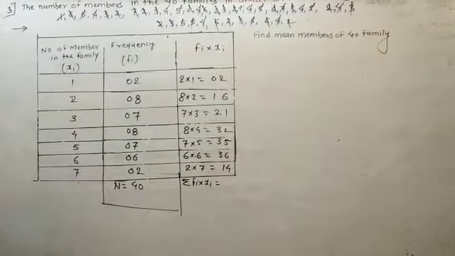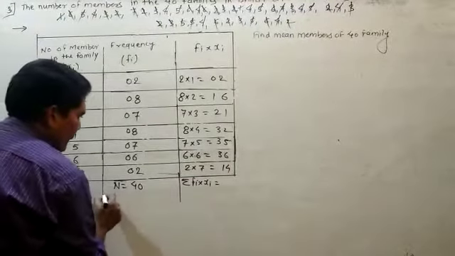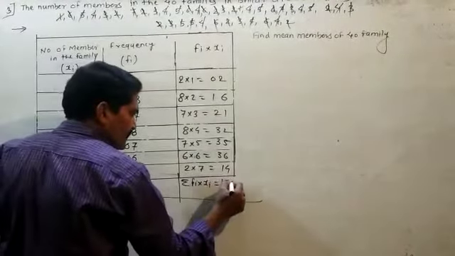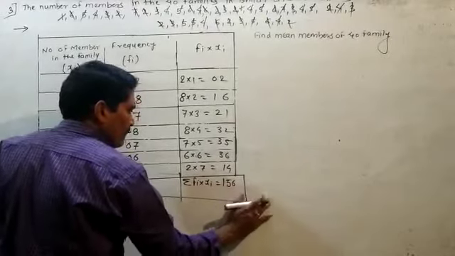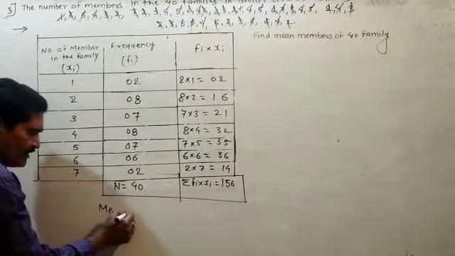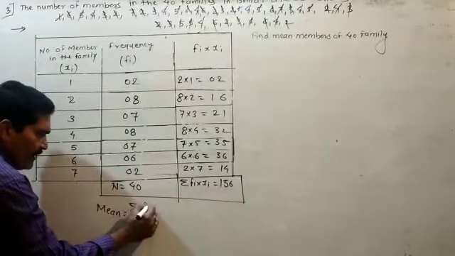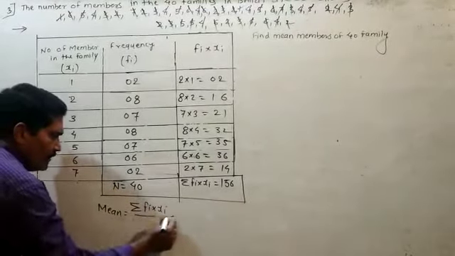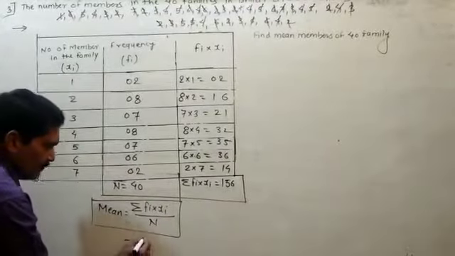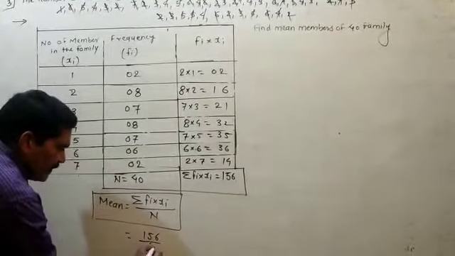You have to find out the sum of fi into xi. If you do the sum, this sum will come 156. Then you have to find out the mean. Mean is equal to the sum of fi into xi upon n. This is the formula to find the mean. 156 divided by 40.